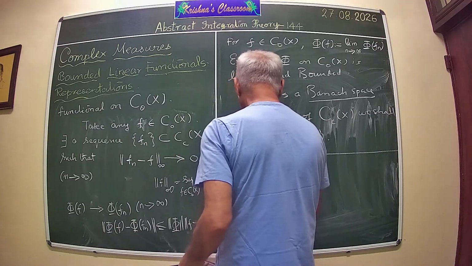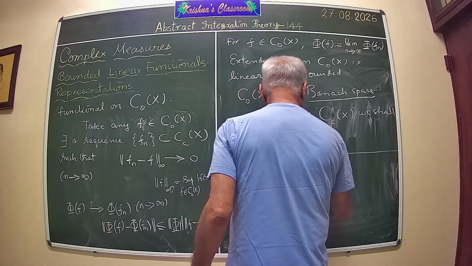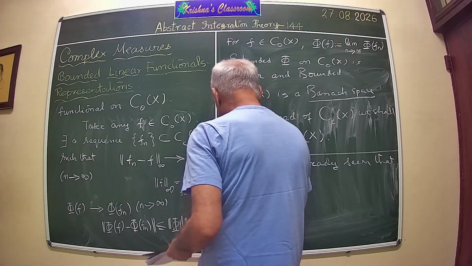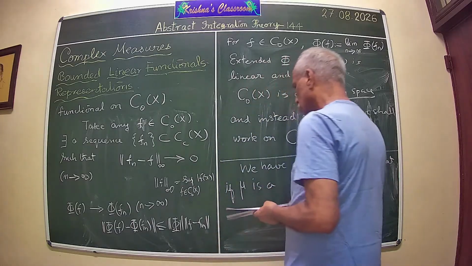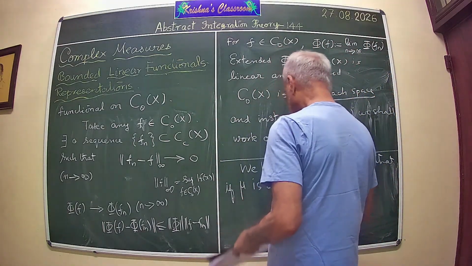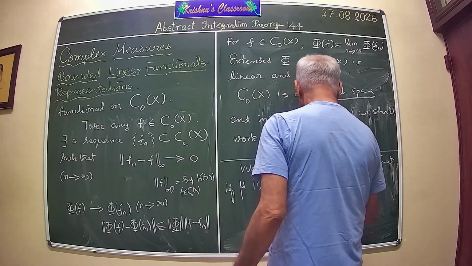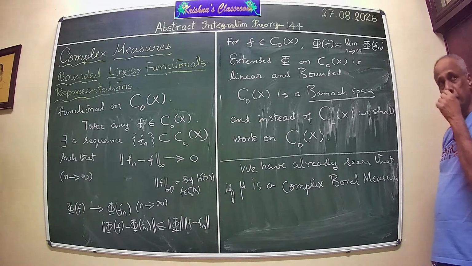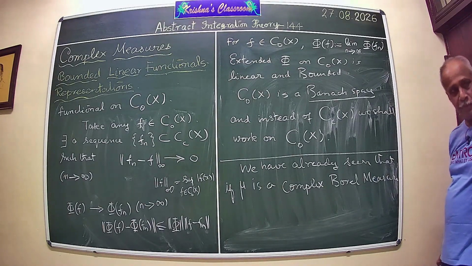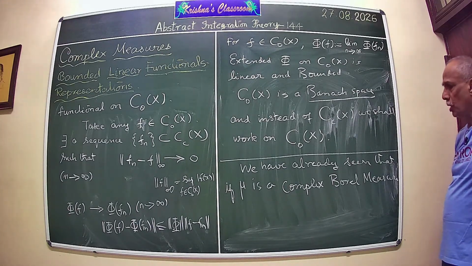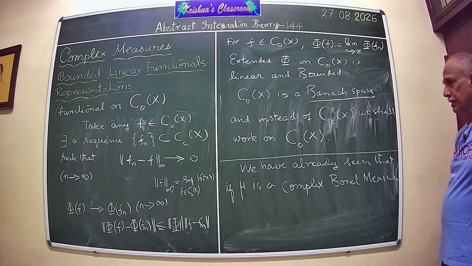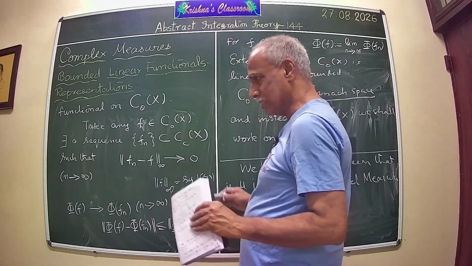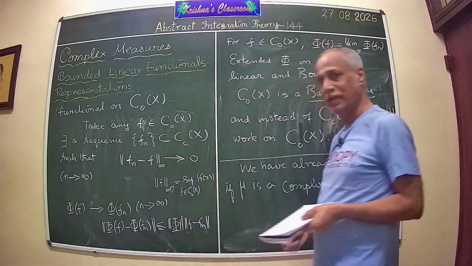We have already seen that if mu is a complex Borel measure, Borel measure means the measurable space M consists of all Borel sets in X. So it's a measure space built on the topology that is already existing on X that we are talking about.